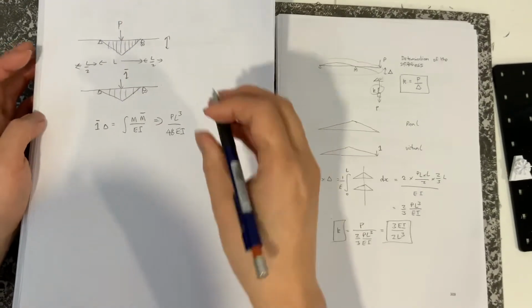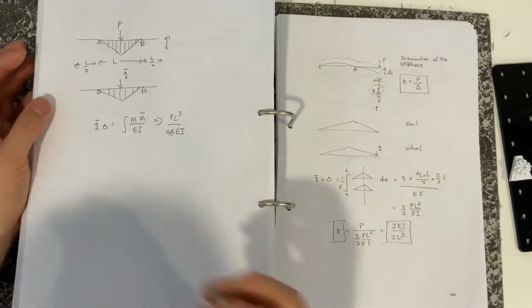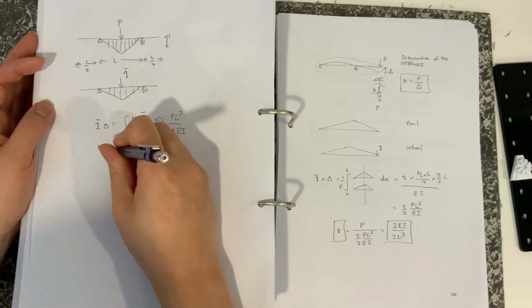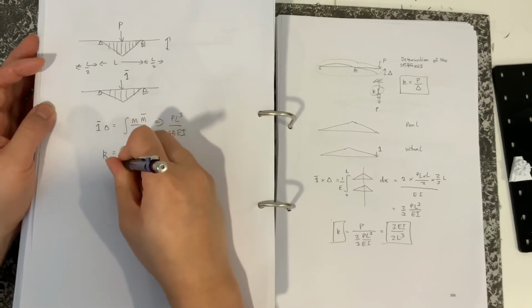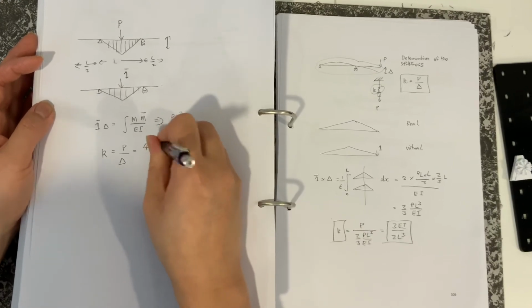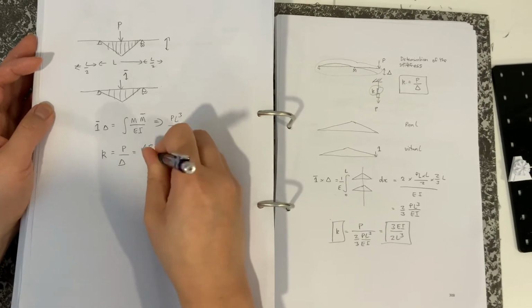Please don't expect a question as simple as this one in the exam. And then for the optional question 4, which can be done instead of the other question, the stiffness is equal to 48 EI over PL cubed.